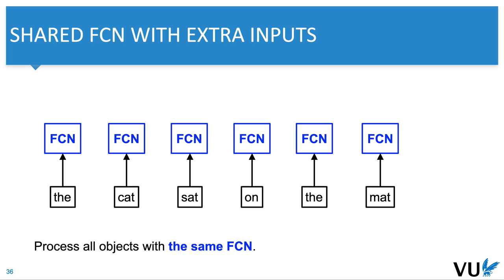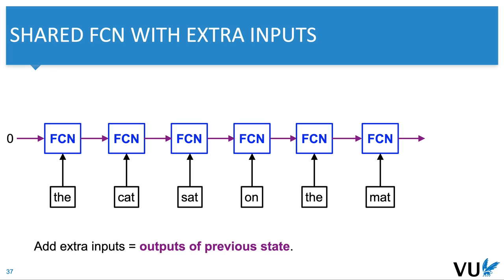But this is of course not the end, because right now we don't have any sequential processing. We can actually permute these words, and applying this fully connected network, they will produce exactly the same outputs.